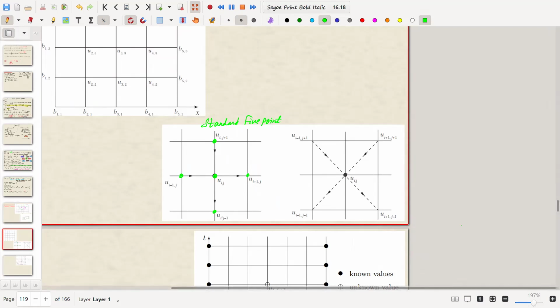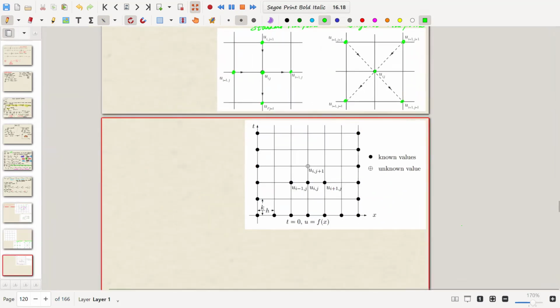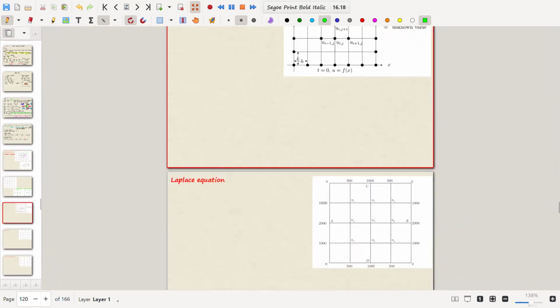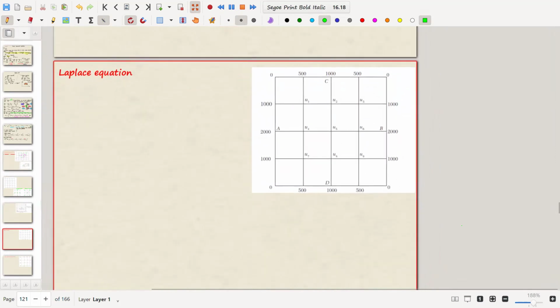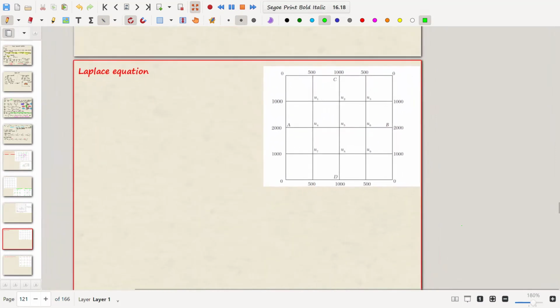But on the right hand side, this is diagonal 5-point. How? From this point, you compute this diagonally. I hope you understood the difference. This is just graphical representation of all these things. So maybe we will solve this problem first.